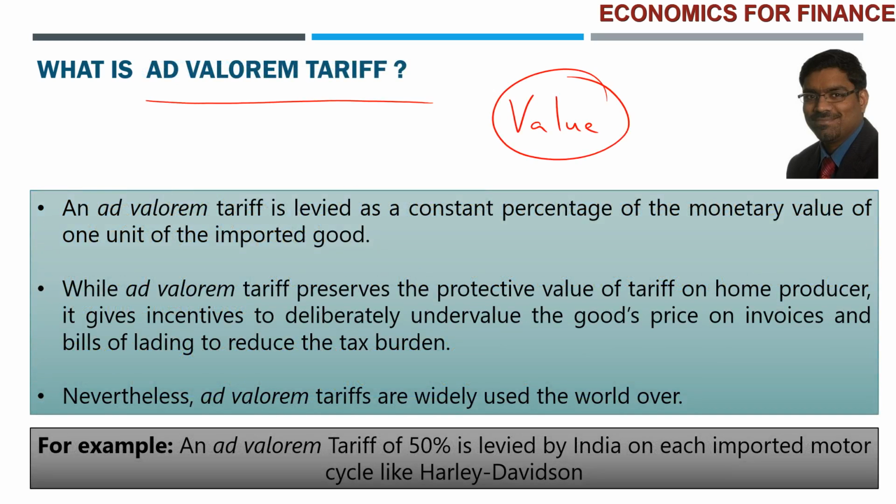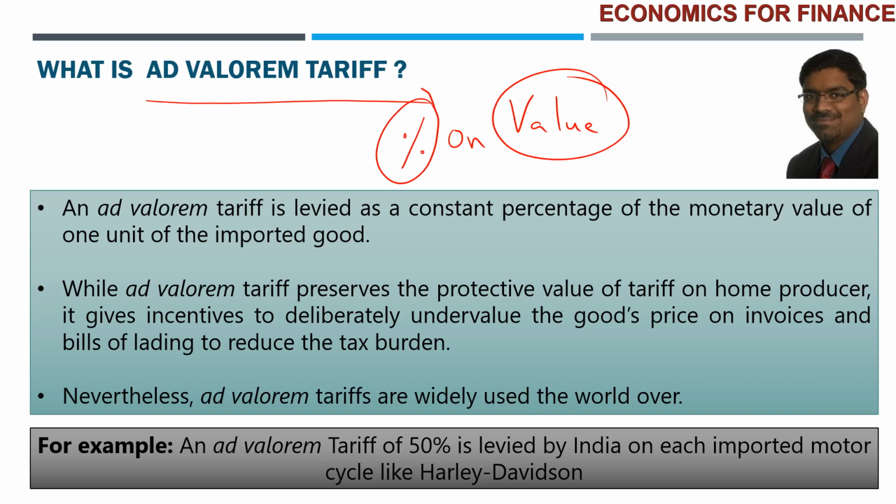On value tariff, which is based on value. We don't care about quantity and all. Whatever is the value of the goods that are imported, on that a percentage of tariff is levied. So this is a percentage of some customs duty on value on. That is called ad valorem tariff.